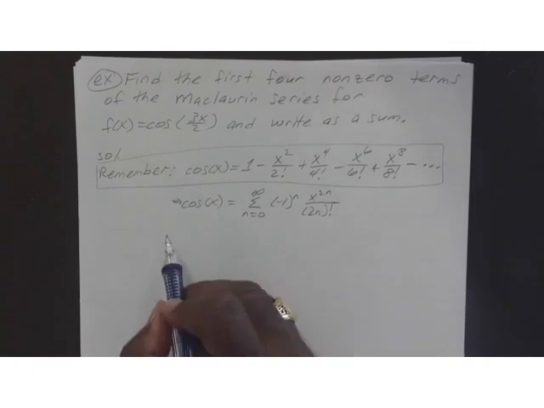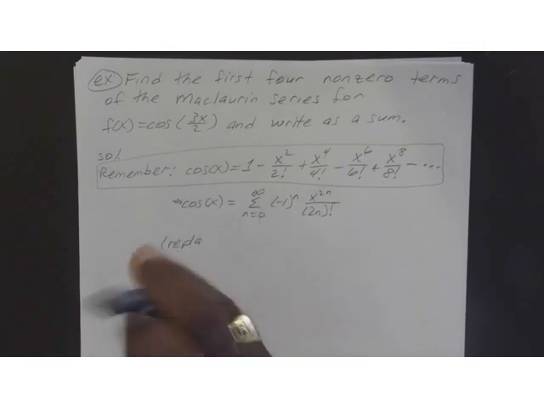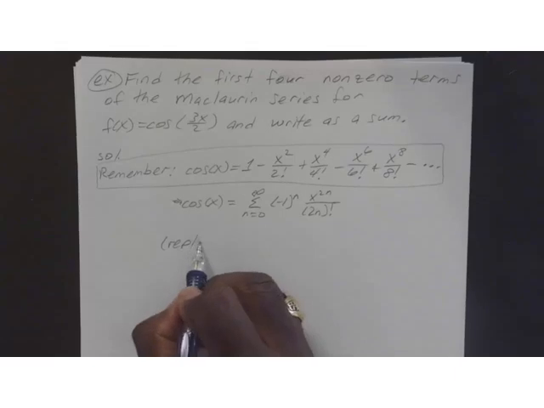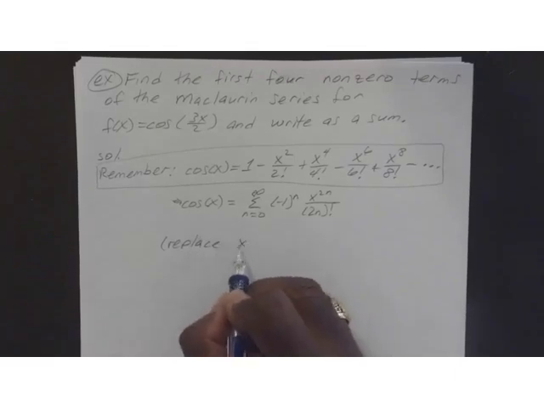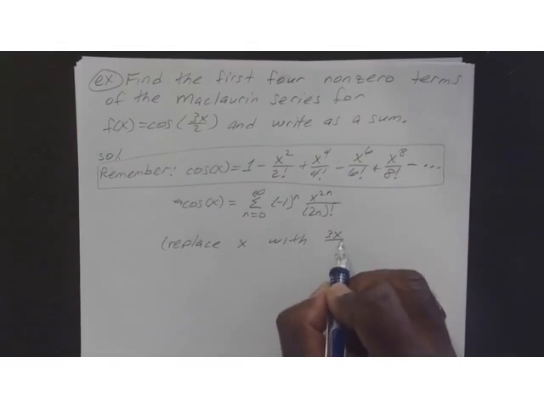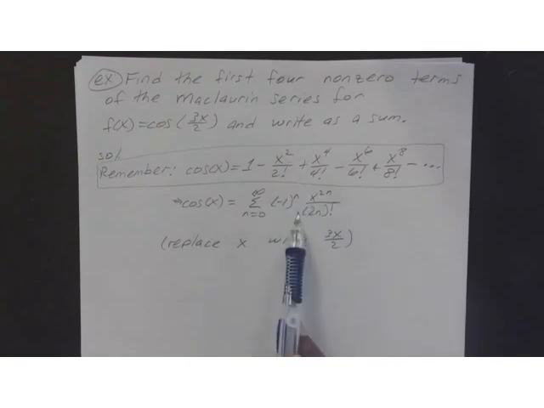Okay, so now we just have to replace x with 3x divided by 2. Now, if you wanted to, you could have plugged it into this one, but I decided to plug it into our actual series.